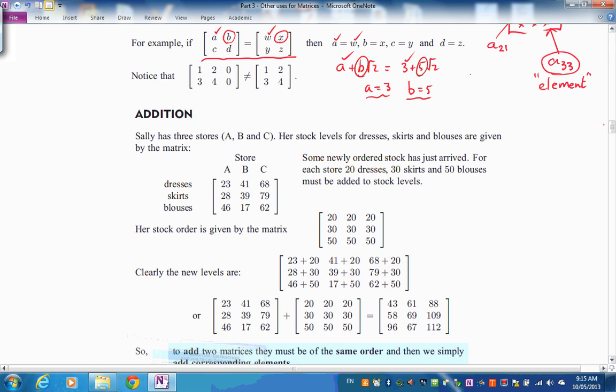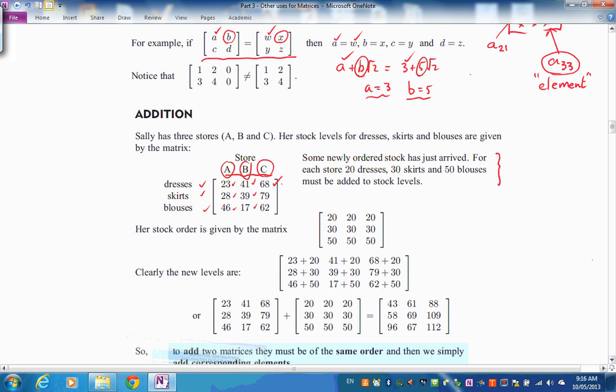That is, if you are going to add stock to your store. So here are Sally's stores. She's got 3 stores, with dresses, skirts and blouses. In store A, that's how many of each she's got. Store B, yep.